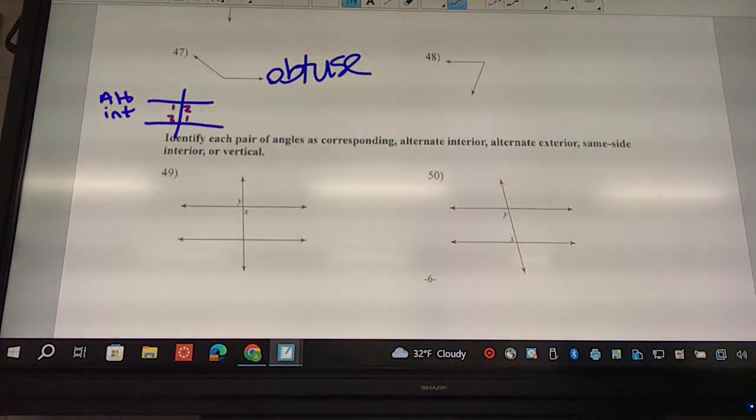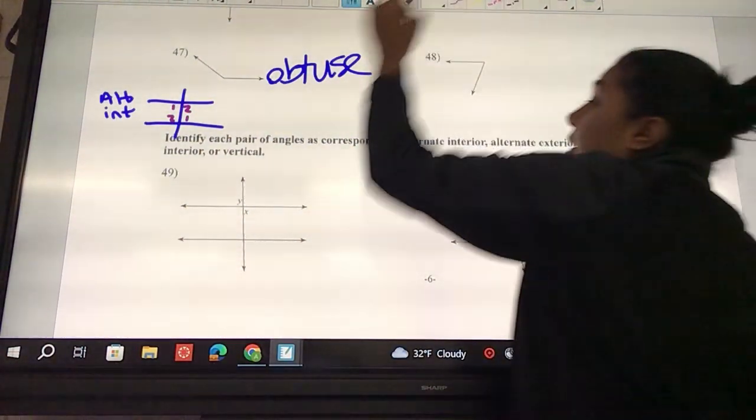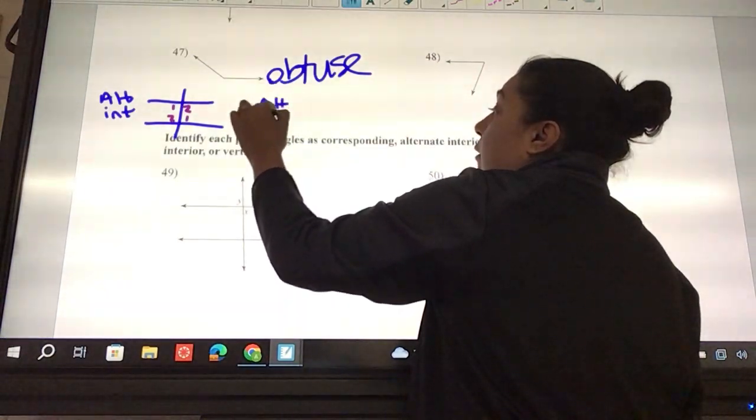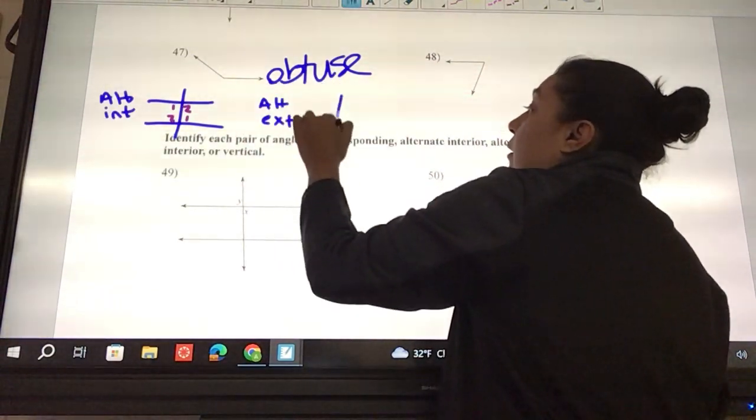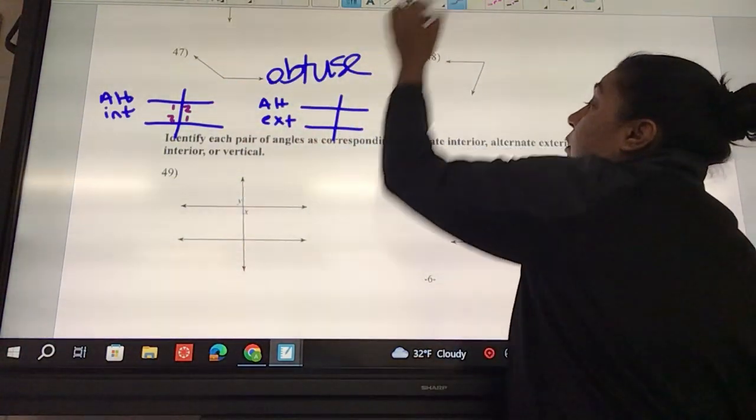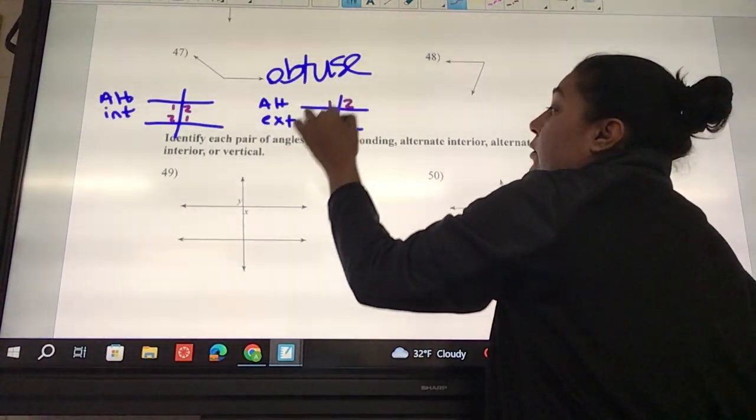Alternate exterior is also going to look like 1 and 1 or 2 and 2.